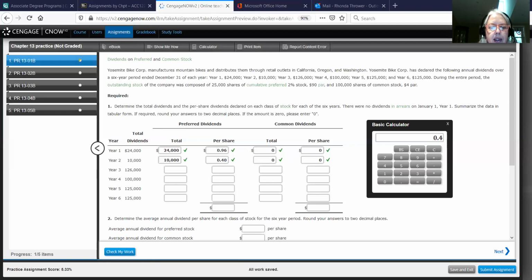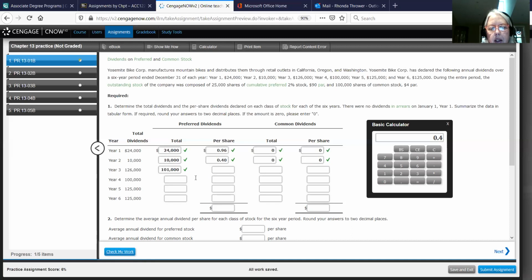And since the dividends that our company declared was larger than $101,000, remember, it was $126,000 that we declared, we can pay our preferred stockholders the entire amount that we owe to them, which is $101,000.